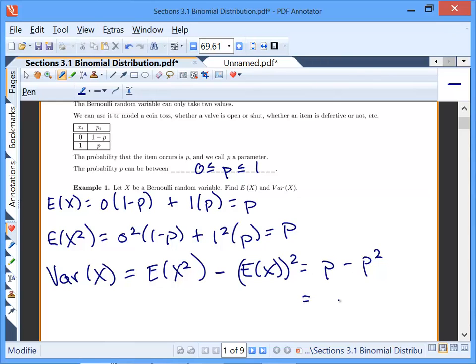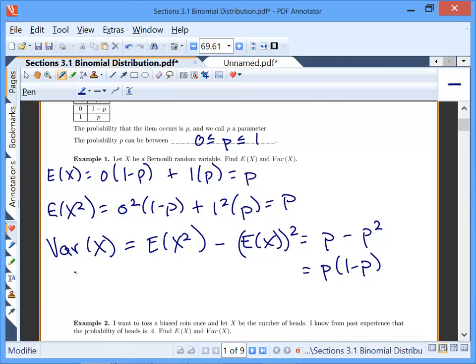How would you factor this? p times 1 minus p. So, very important outcomes for us. The expected value of x is p, and the variance of x is p times 1 minus p. We'll use formulas that look like this a lot throughout the rest of the class.